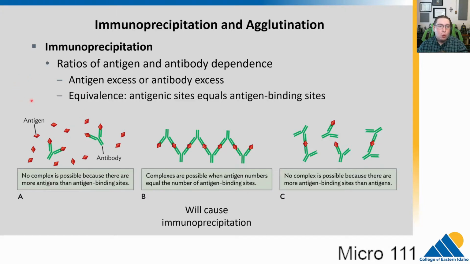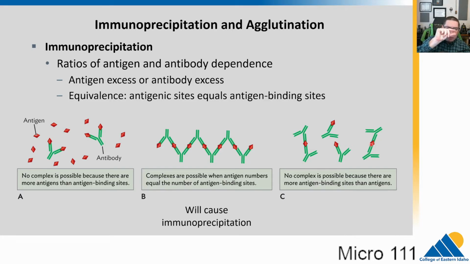And the ratio of antibody to antigen can lead to some interesting things happening. If there is more antigen than there are antibodies, the antibodies will be fully filled and there'll just be excess antigen floating around. If we have less antigen than antibody, not all of the sites get filled up.